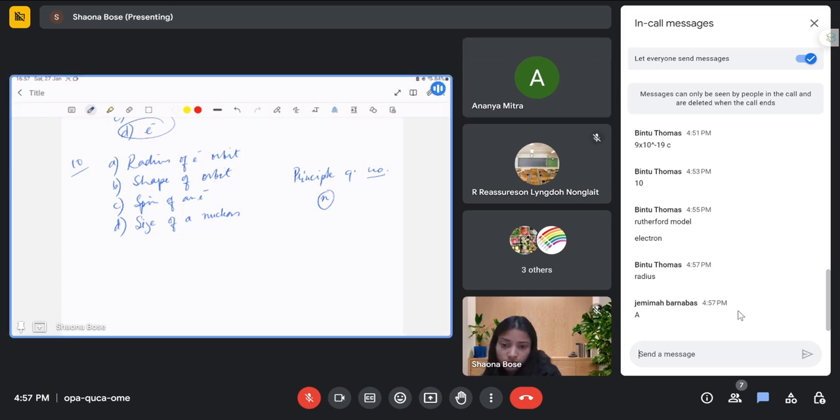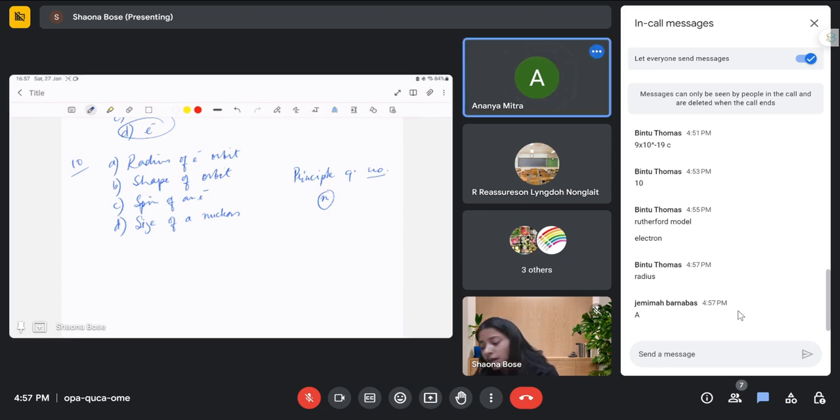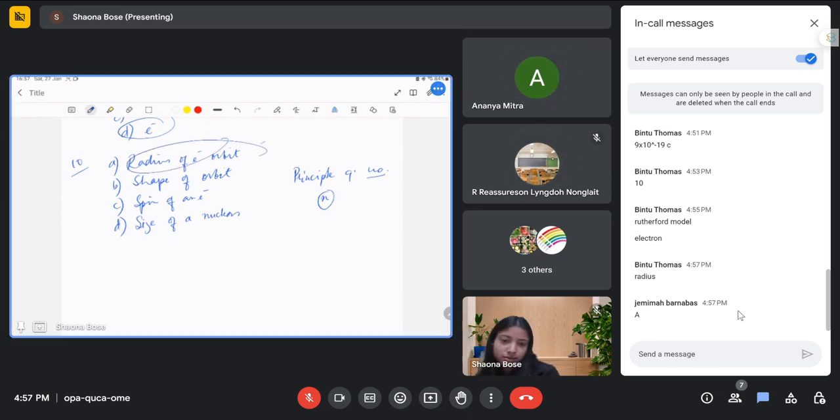Radius of an electron orbit, are you sure? Yes. Absolutely. Right. Okay.